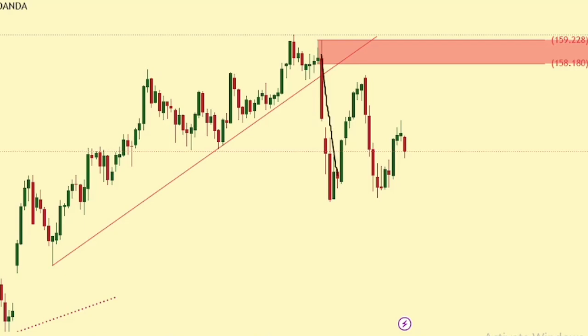So how supply go prove strength? Very simple. Price must leave the zone with strong bearish displacement and must remove trend line or break structure.